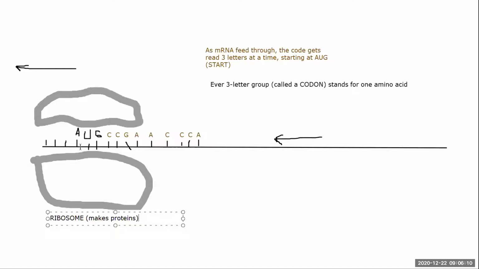And as it feeds through, it's going to get read 3 letters at a time.